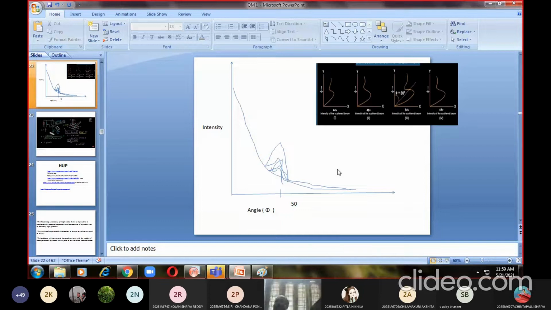What I found is this peak to be very large for 54 volts at 50 degrees. So these two values have something to do with the experiment. Some peculiar changes are happening at these values of voltage and angle.